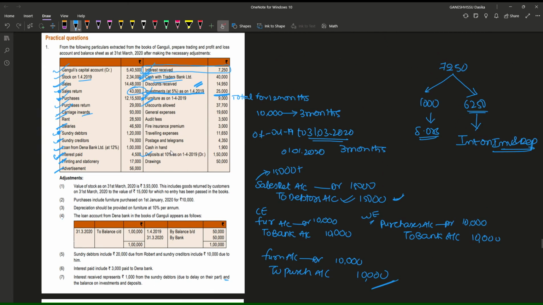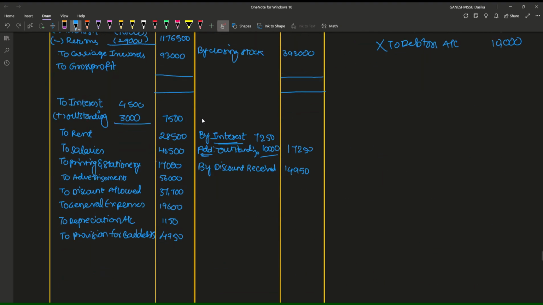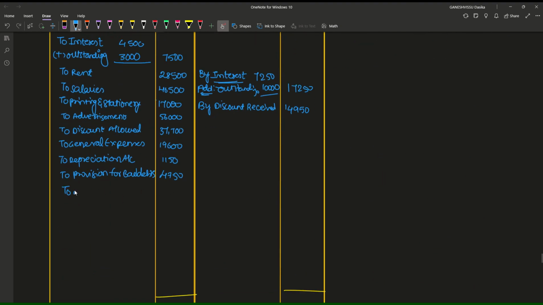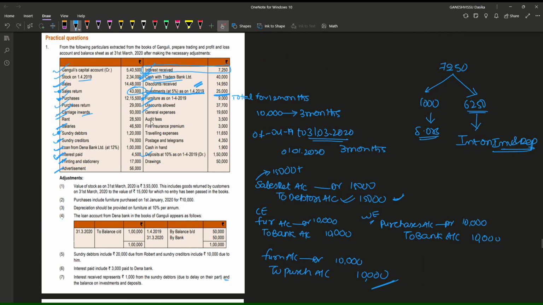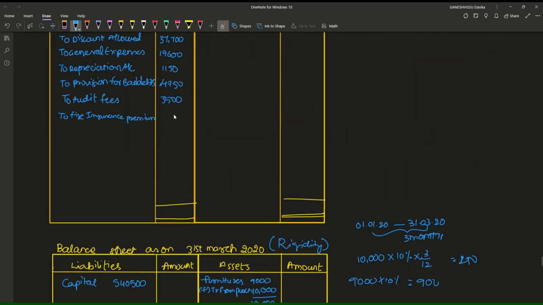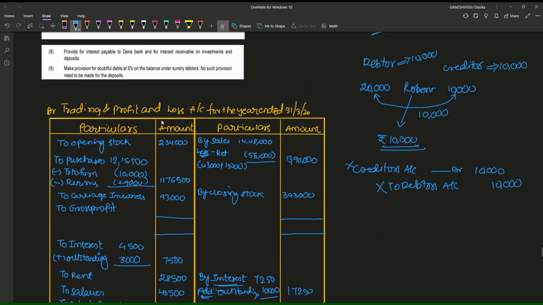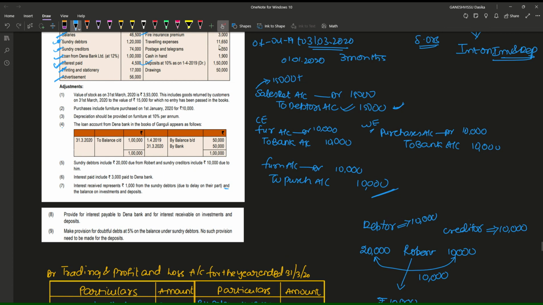And next one is what? To audit fees 3,500. And next we are having fire insurance premium, which is 3,000 rupees. And traveling expenses 11,650.